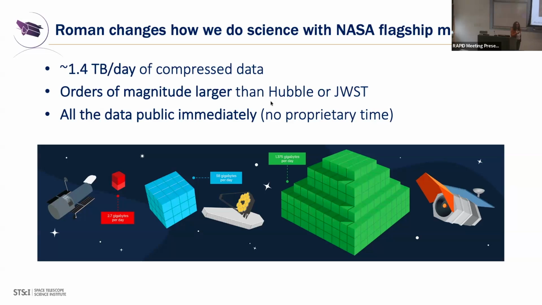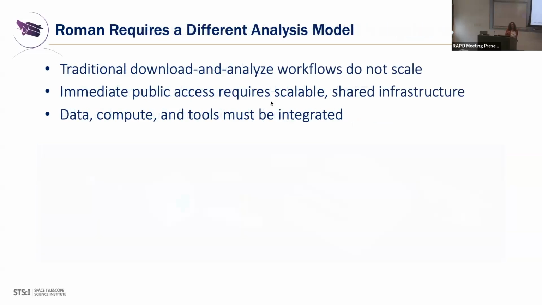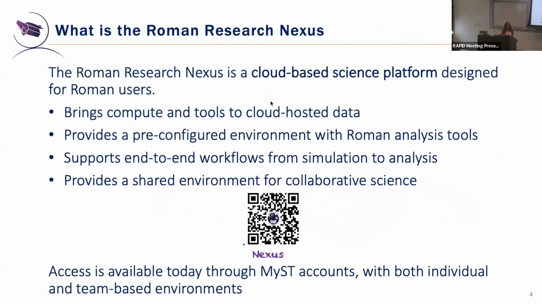In addition to that, all the data will be public immediately. So we need a different analysis model. You're not going to be able to download all of your data on your laptop. And to support immediate public access, we need scalable shared infrastructure. So data, compute, and tools must be integrated. And so this is where the Roman Research Nexus sits.